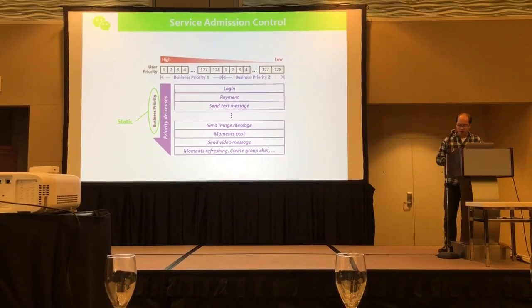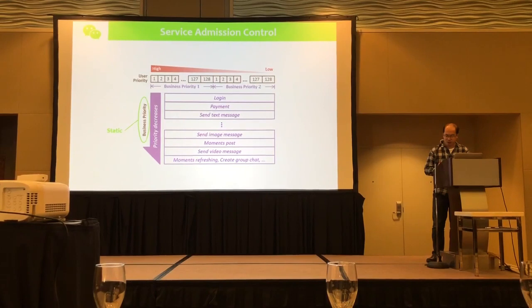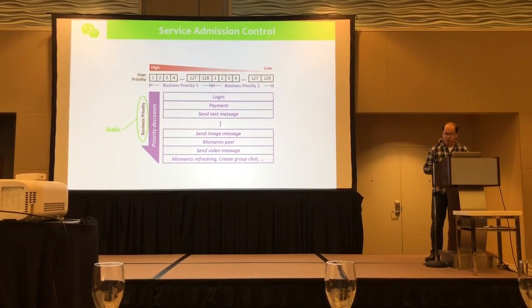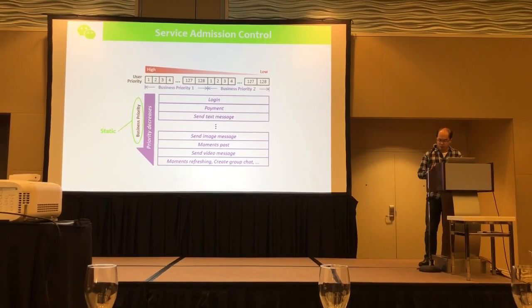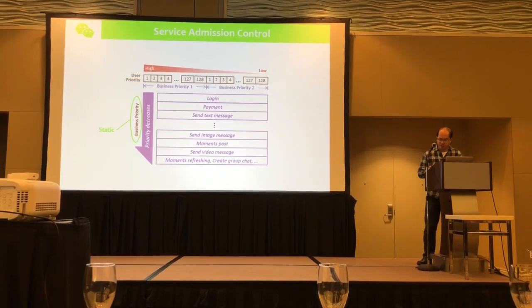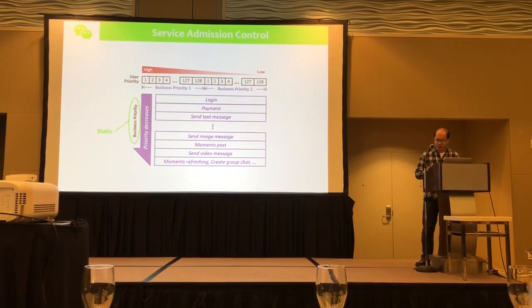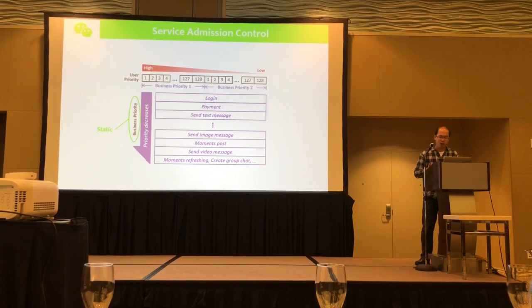But we have observed that partially discarding requests with the same business priority will cause the issue of subsequent overload, because the requests are actually discarded and rendered within the same business priority.